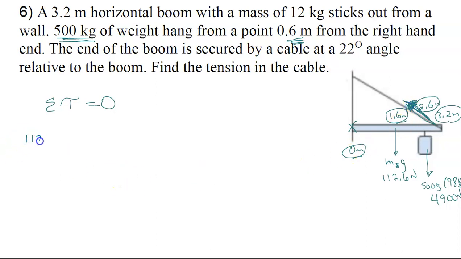Here we go. 117.6 at 1.6. I've got 4,900 at 2.6. And then I've got the tension at 3.2. But there's one more little wrinkle here. There's an angle on that thing.